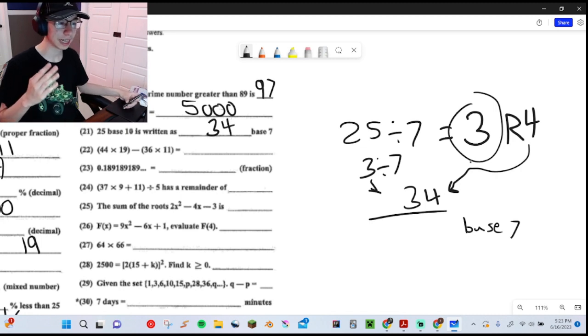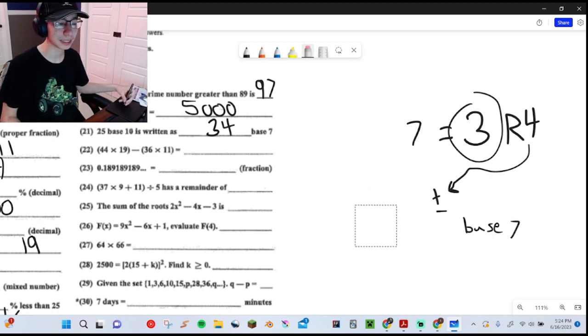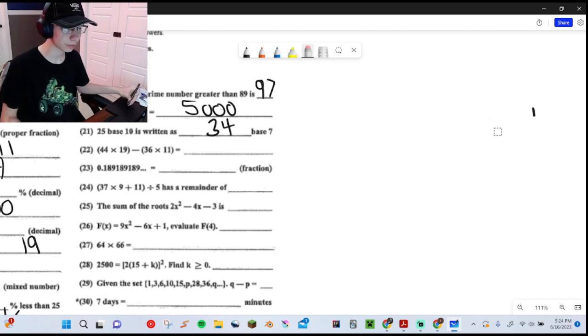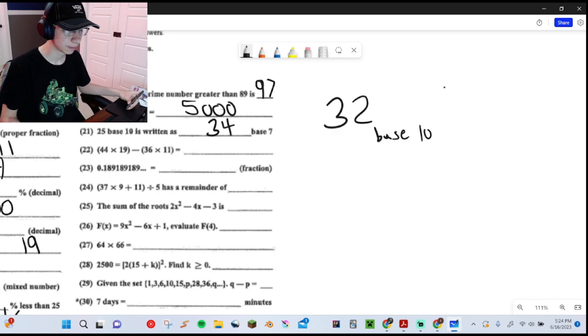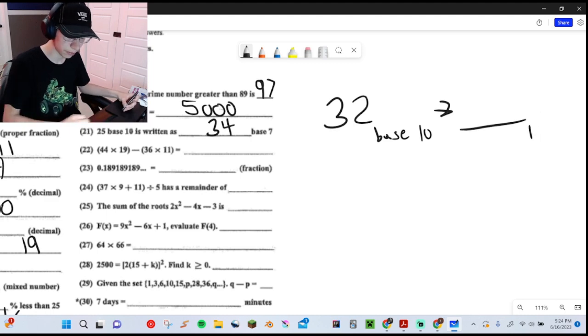And I want to make sure you guys understand how to convert here. So we're going to do 2 practice problems. Let's say I wanted to convert 32 base 10 to base 6.